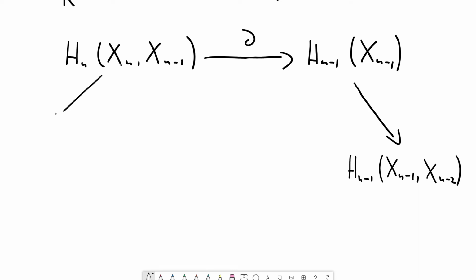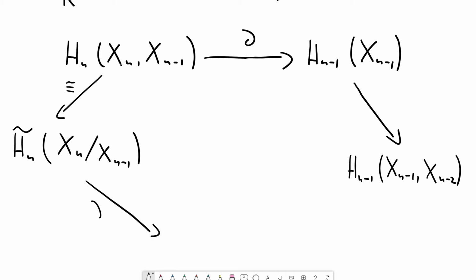Here we had the collapse map, so it was this isomorphism going to reduced homology of X^n mod X^{n-1}. And from here we went down, by the boundary map, to the reduced (n-1)st homology of X^{n-1}.